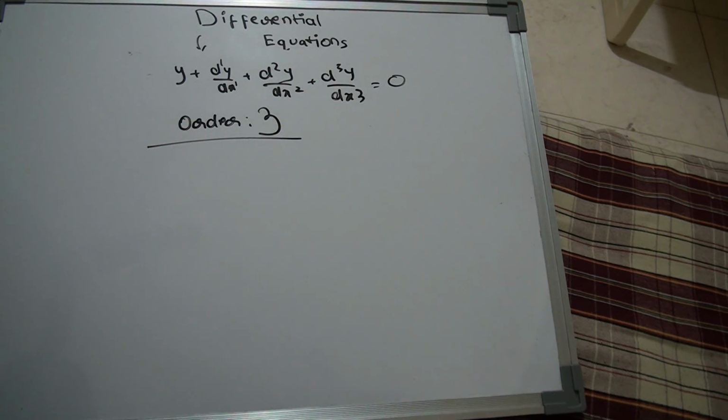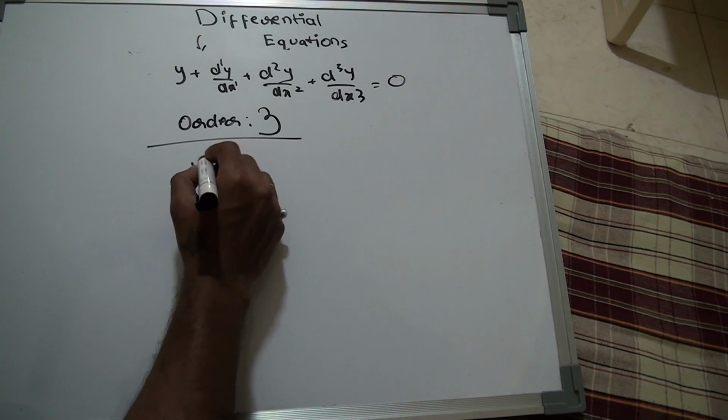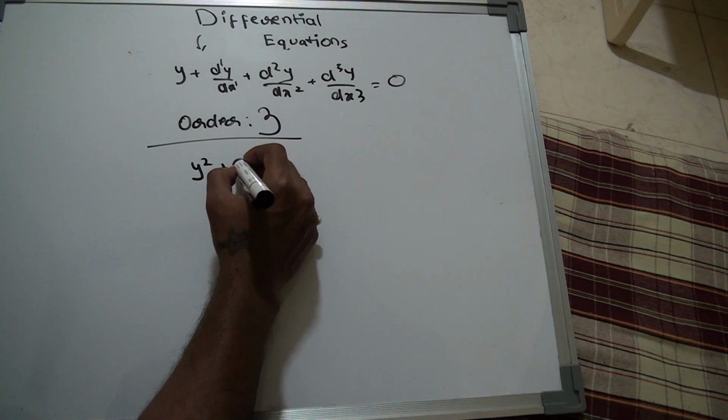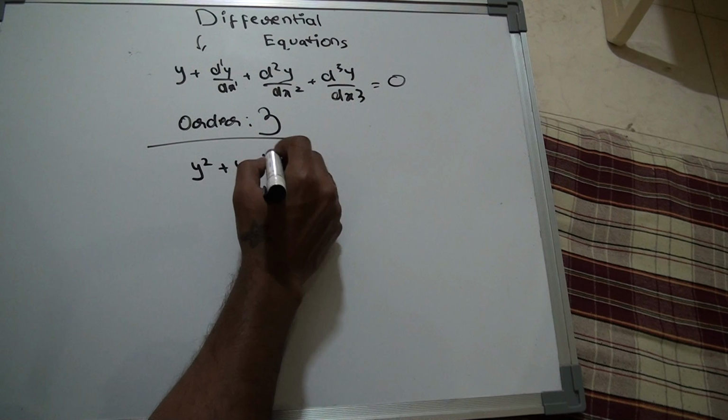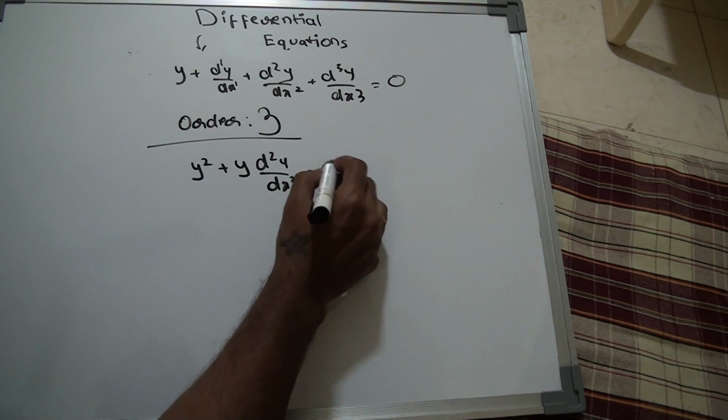So to move further ahead, let's try to solve this equation: y square plus y d2y upon dx square equal to 0.